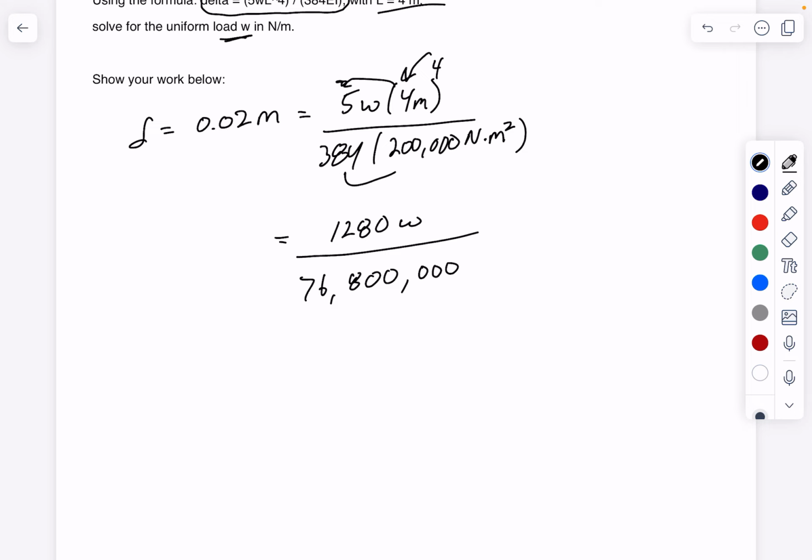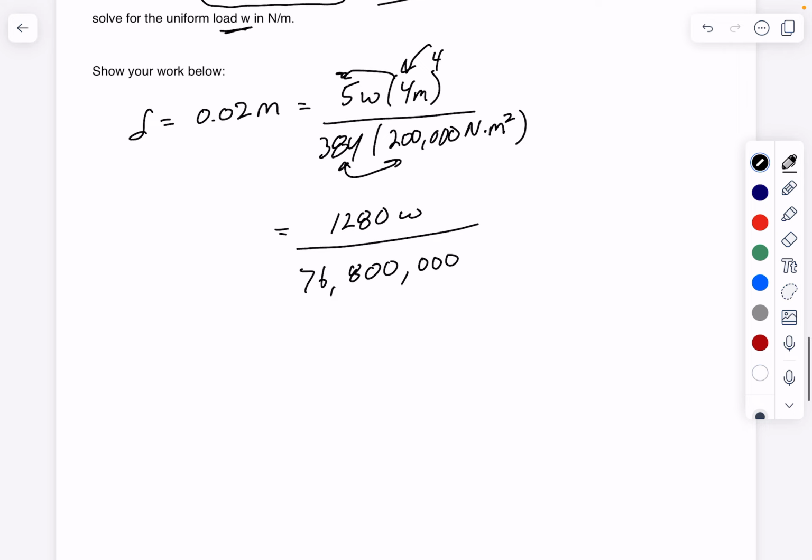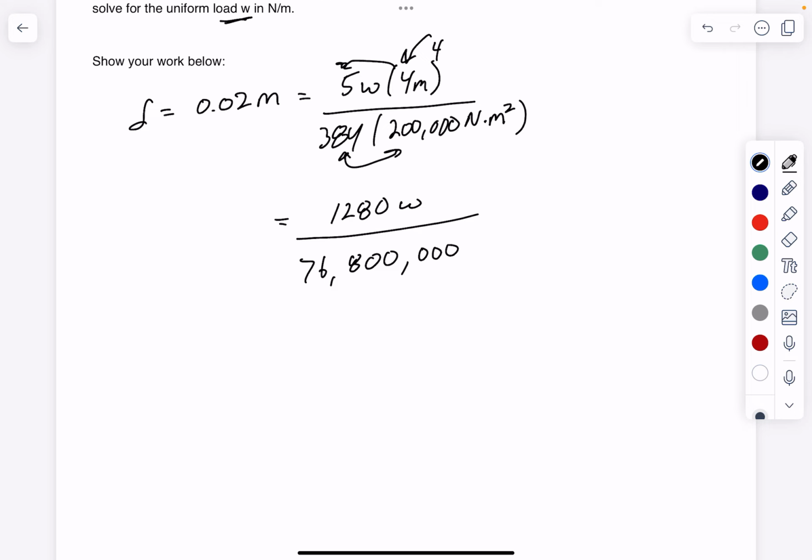That's just multiplying 384 and 200,000. Okay. And right now we have meters to the 4th here, and W is in newtons per meter, and this down here is still Newton meter squared.